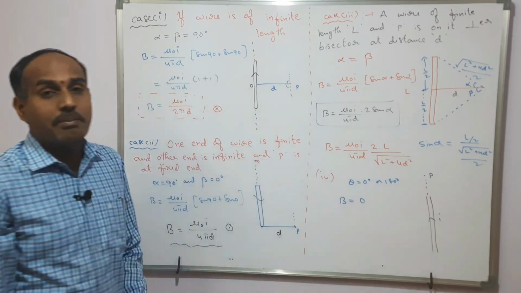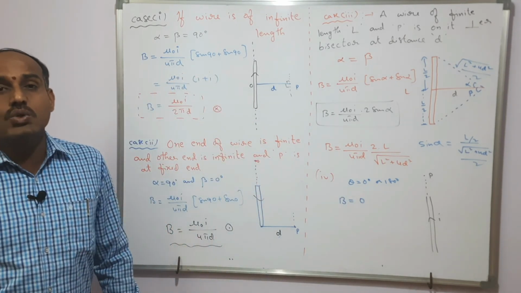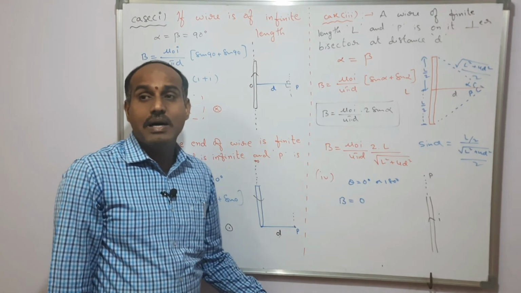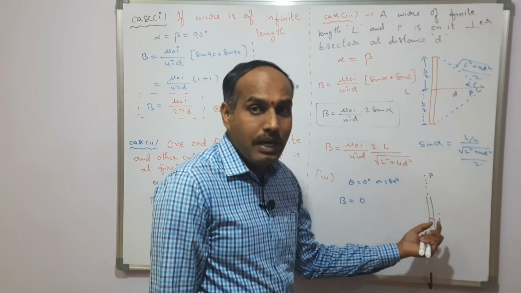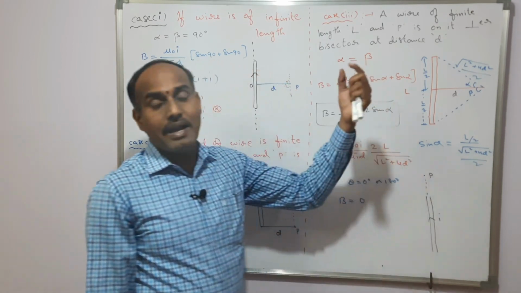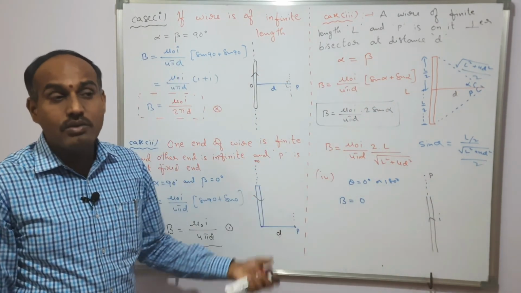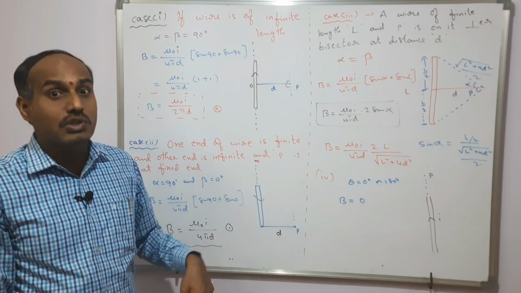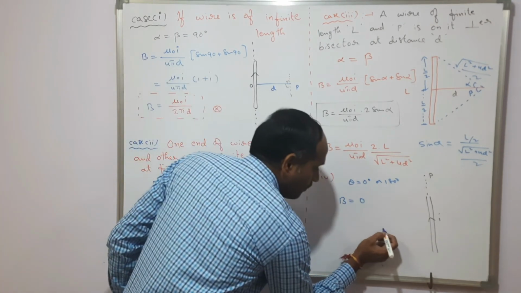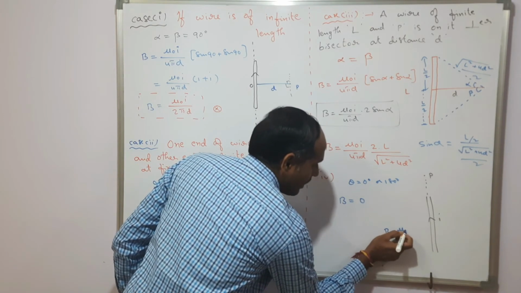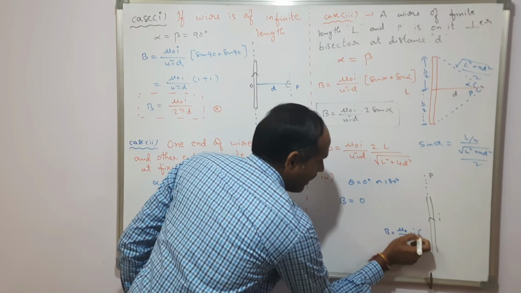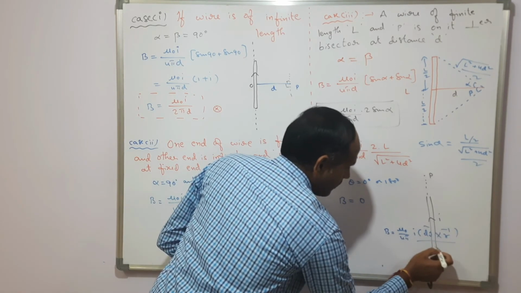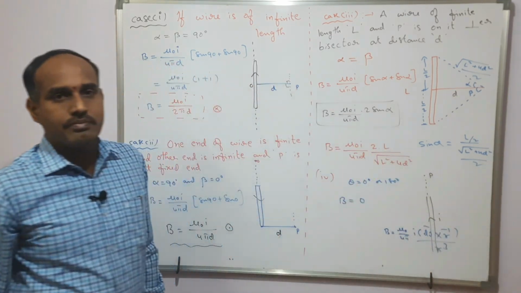Why? Because from Biot-Savart law, B is equal to mu naught by 4 pi I dl sin theta by r square, or I dl bar cross r bar. Here dl bar and r bar both are parallel to each other or anti-parallel. For parallel or anti-parallel vectors, the cross product is 0. So from Biot-Savart law, mu naught by 4 pi I into dl bar cross r bar by r cube is 0, isn't it?